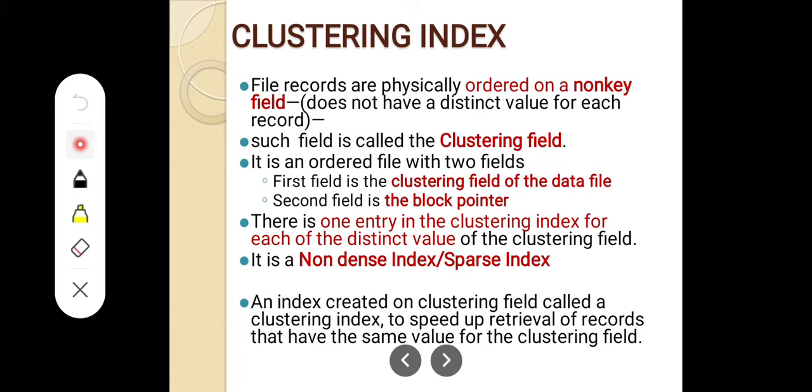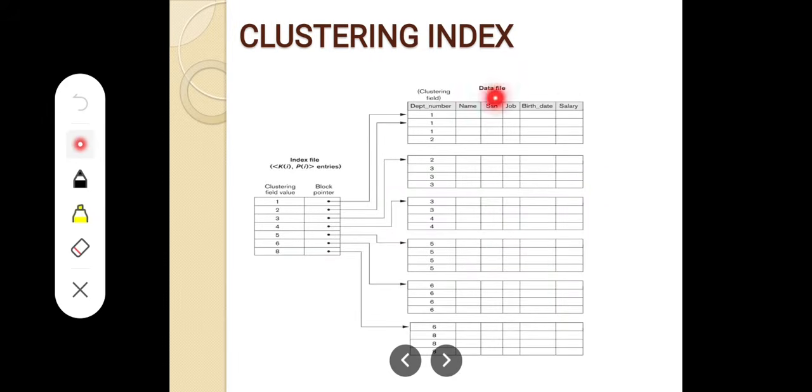I will just show you an example of a clustering index. This is the main data file that is stored in the disk, and this record is stored in the first block, this in the second block, this is the third block, fourth, fifth, and sixth. Here you can see that the records are ordered, but on a non-key field. How can we say that it is non-key?